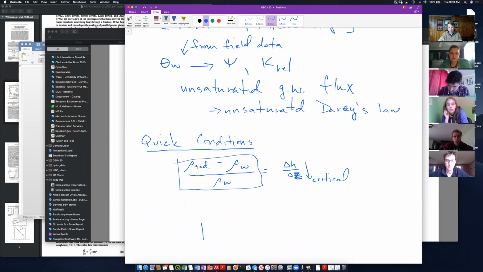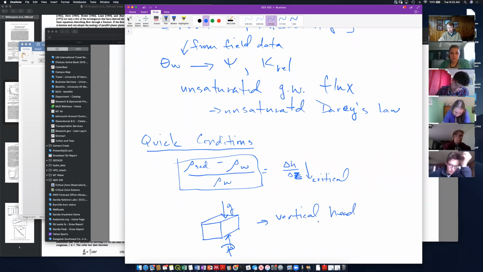When we did our force balance, basically we're balancing the force of gravity with the upward buoyant force from water. So we're balancing pressure and gravity, so the direction really is vertical. It needs to be a vertical head gradient versus gravity.